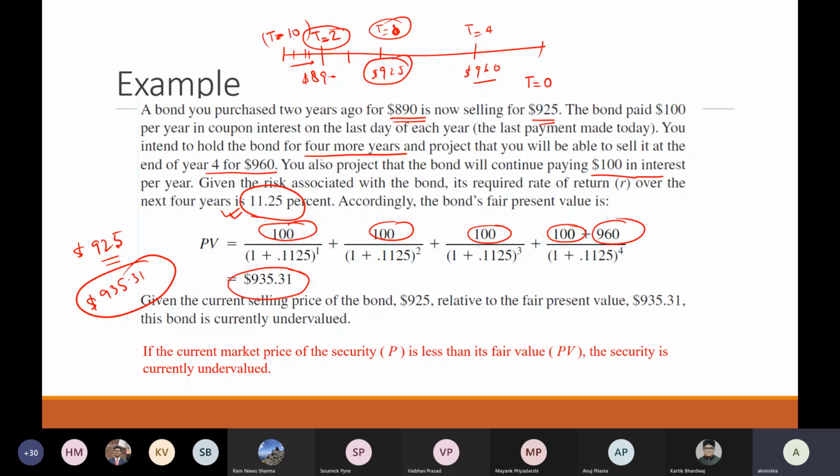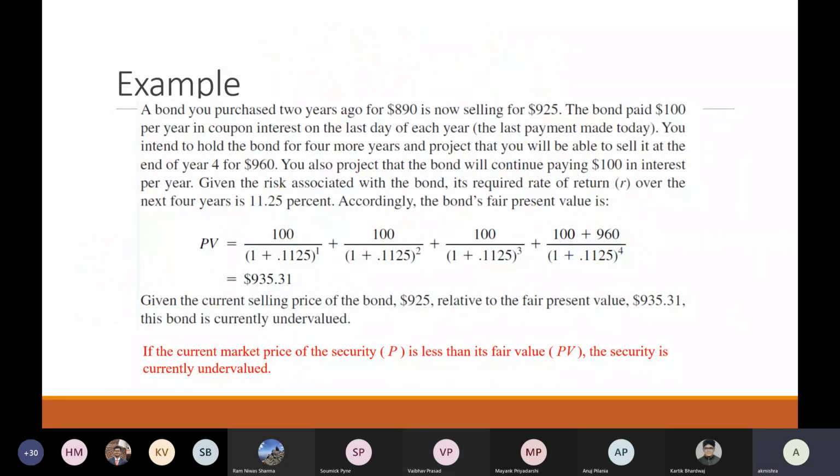So this is how we define it, and we always try to hold or buy undervalued instruments and sell overvalued instruments, because an overvalued instrument is not going to add any further value to your portfolio. So this part is clear.